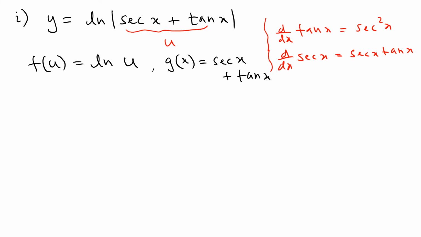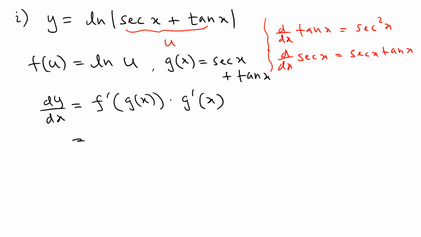So if you use the formula, dy by dx is simply, we know the derivative of ln. So what is the formula? f prime evaluated at the inside function times g prime of x. We know that the derivative of ln is 1 over u, but instead of u we write the inside function directly, so it is secant x plus tan x.